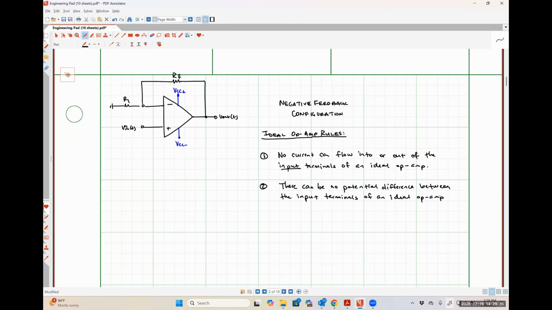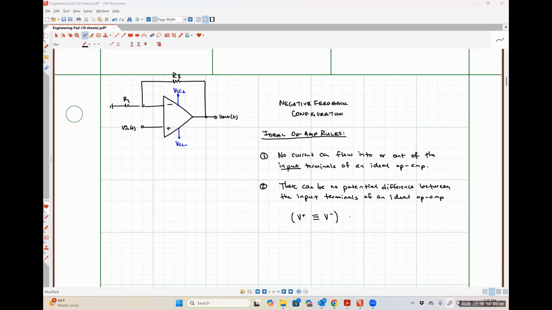So I'm going to write this in a note down here. I'm going to say that V plus, where this V with a subscript plus sign just means the voltage with respect to ground at the non-inverting input terminal, must be equal to V minus, where that V minus is the voltage with respect to ground at the inverting input terminal.